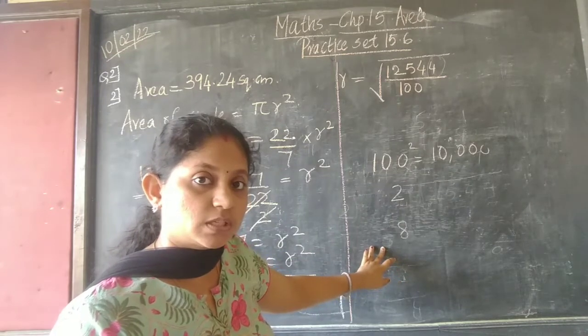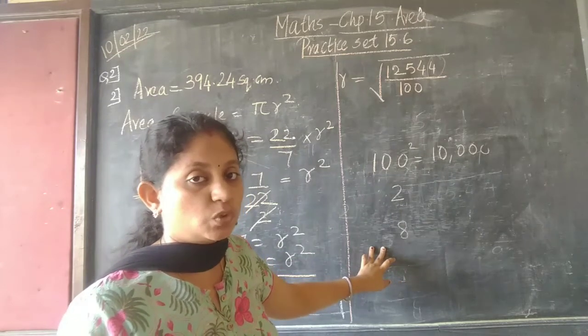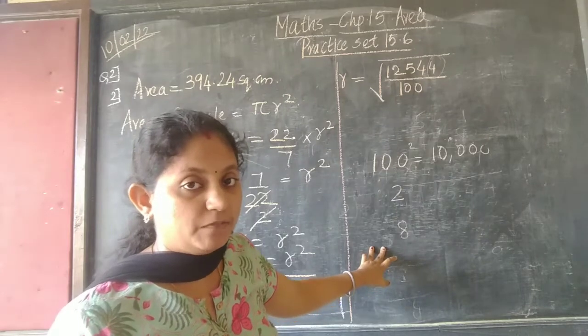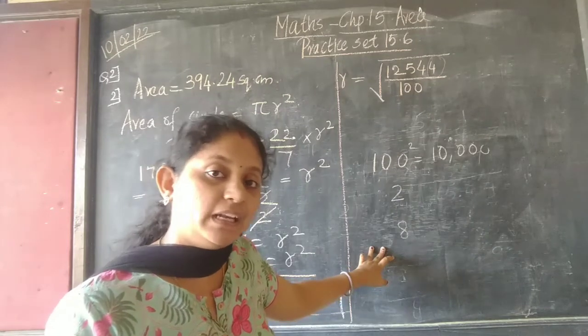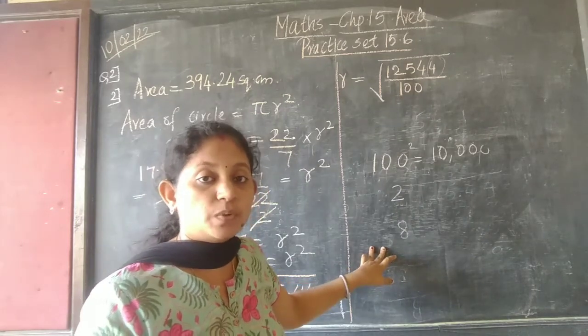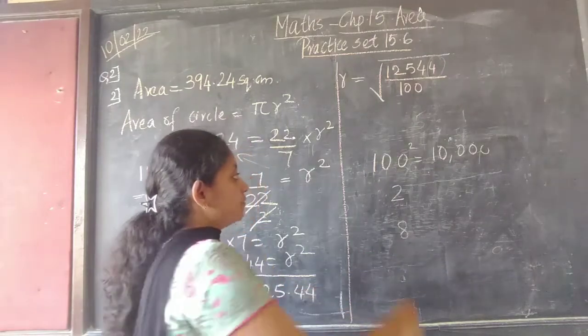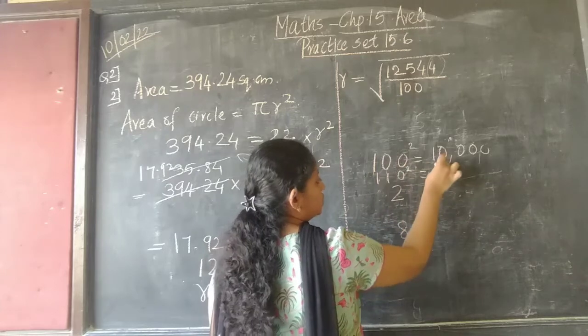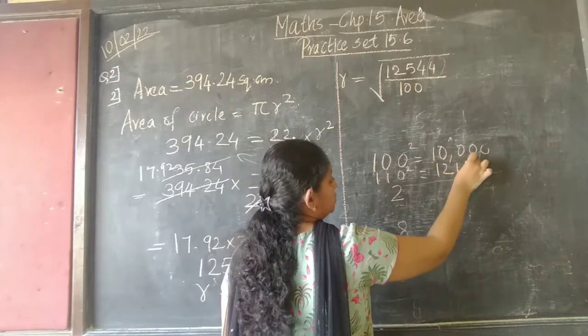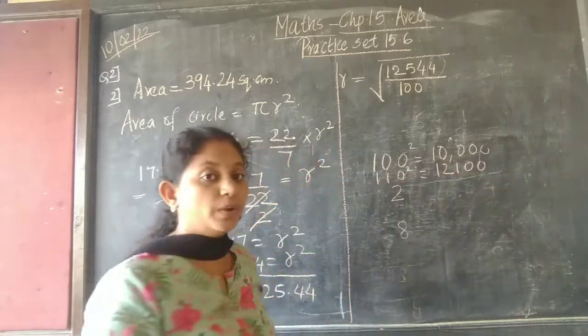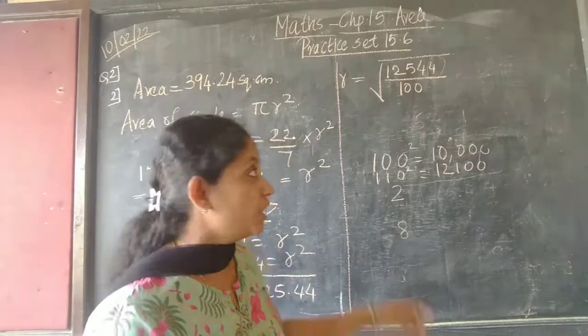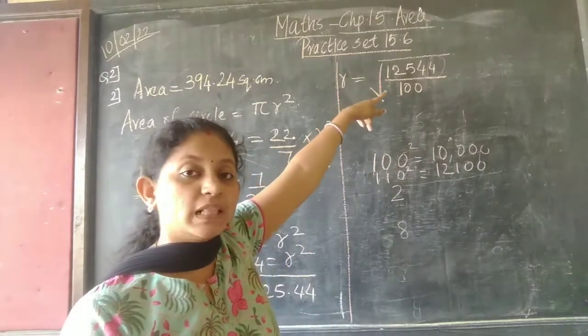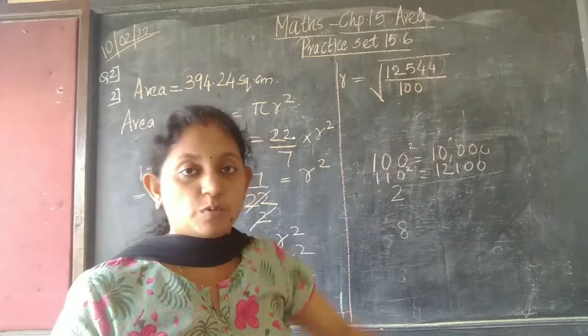Okay? You can either check whether it could be 102 or it could be 108. But students, what is 11 square? 121. So what would be 110 square? Yes, we have taken 100 square, 10,000. 110 square will be how much? 121, 2 zeros. Correct? 12,100. We are almost near to 12,544.